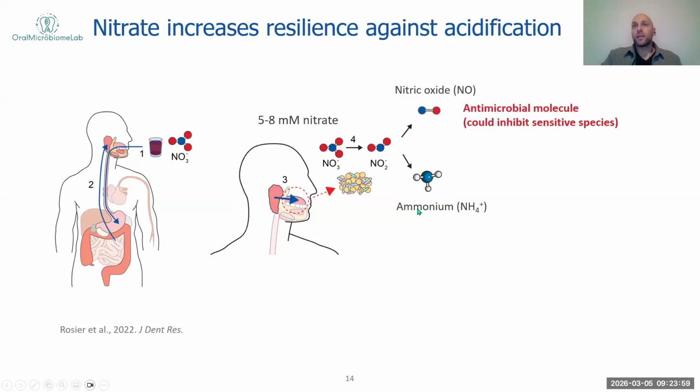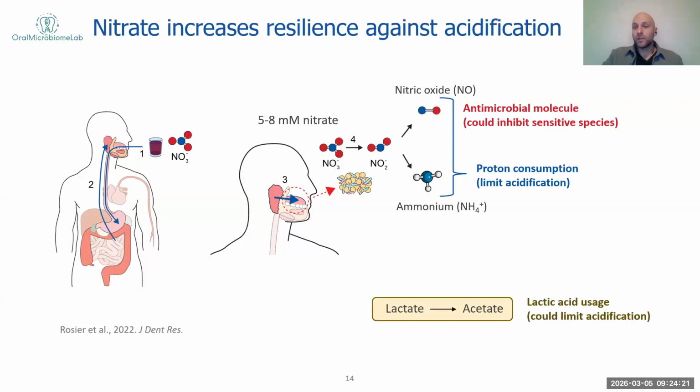And what's very relevant for the pH is that during these reduction processes, all these different steps, protons are being consumed. And the pH is the levels of protons in the environment. So by consuming them, you're increasing the pH and preventing acidification.